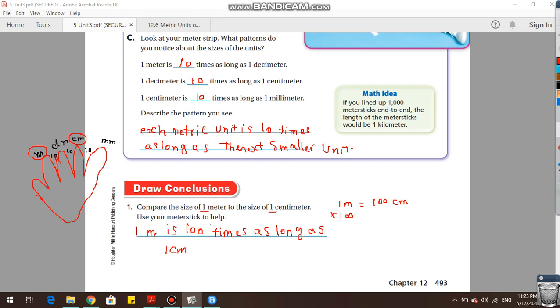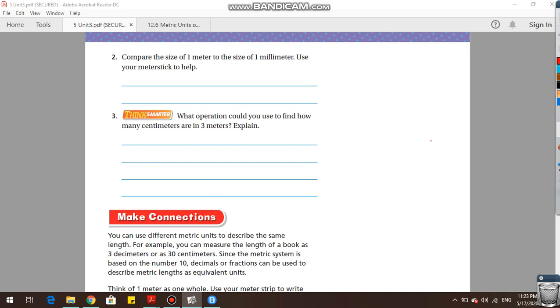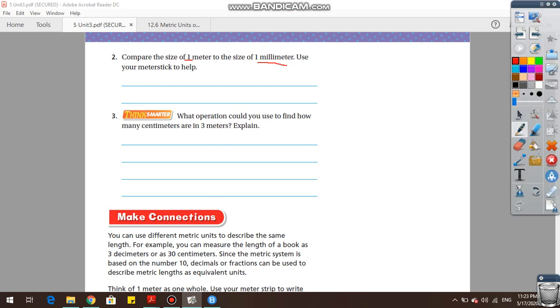Miss, I can't understand what you are saying and how I convert from meter to centimeter. Okay, open the next page and I will tell you how I'm gonna do it. I did it and I will explain it again. Step by step, let's read our question first. Compare the size of 1 meter to the size of 1 millimeter. First I'm gonna draw my hand.